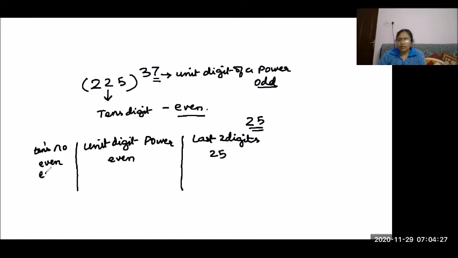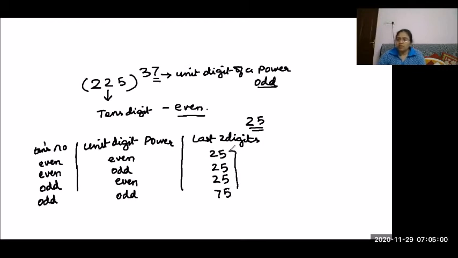If the tens digit is even and the unit digit of the power is odd, then also it will be 25. If the tens digit is odd and the unit digit is even, the last two digits will be 25. Now, if the tens digit is odd and the unit digit is also odd, then the last two digits will be 75. So if you remember this, you can just keep on writing the answer.